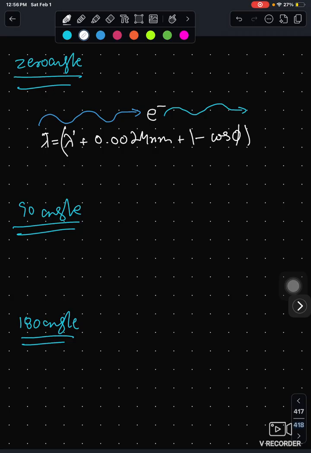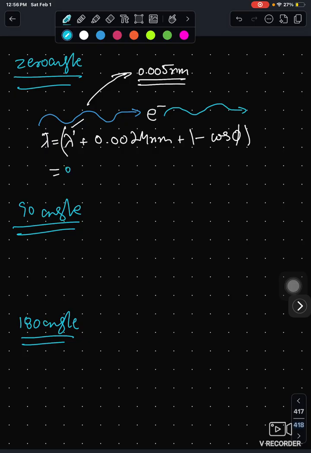Now, let's suppose our scattered wavelength is, imagine, 0.005 nanometer. I'm just supposing, we will be using it in all of them.